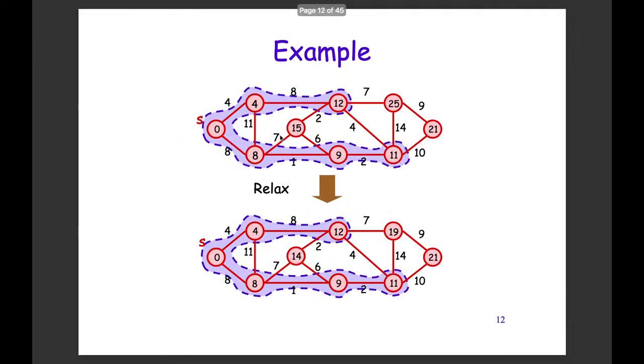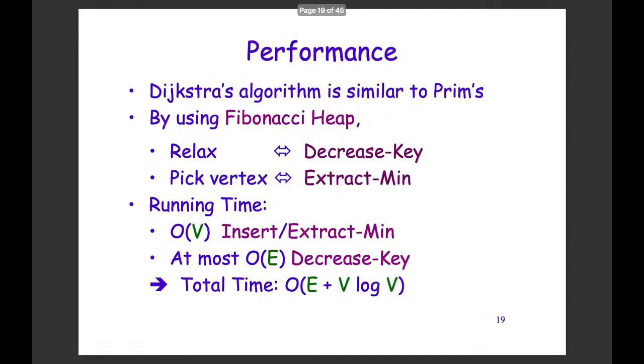The running time is E plus V log V. So it is linear in the number of edges, but for the number of vertices, there is an extra log V factor. If the graph has a comparably similar number of edges and vertices, then V log V could be the dominating part.